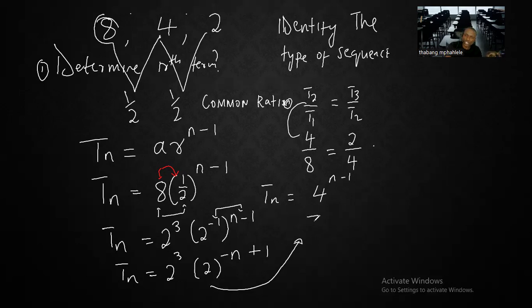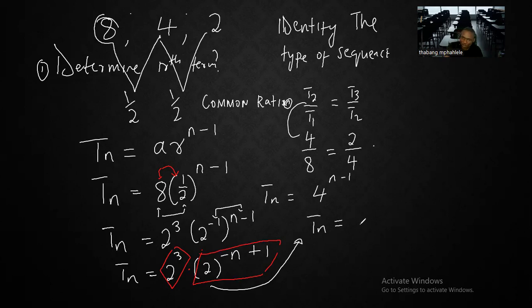Now you can say Tn equals, you see that you are dealing with an exponential expression. You are multiplying powers of the same base. If you look at this power here, 2 to the exponent 3, which is being multiplied with this power, 2 to the exponent negative n plus 1. You notice that the base is the same. Our base is 2.